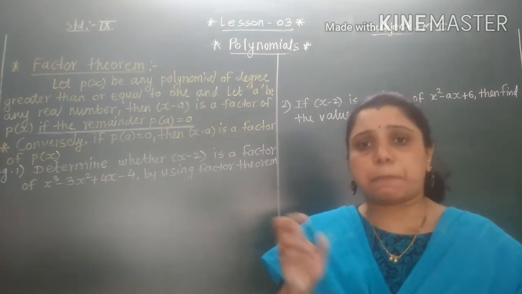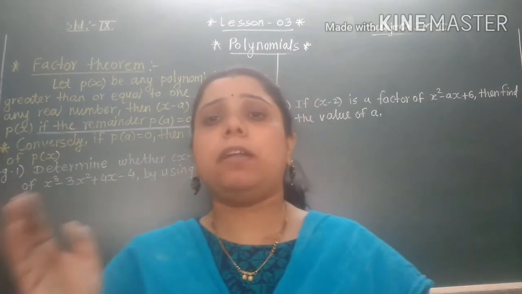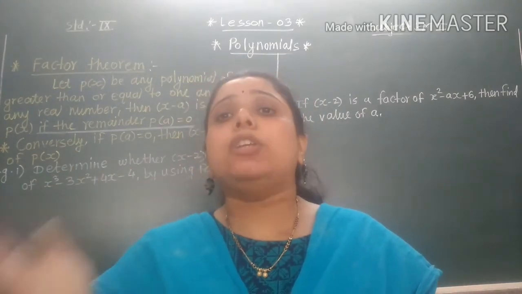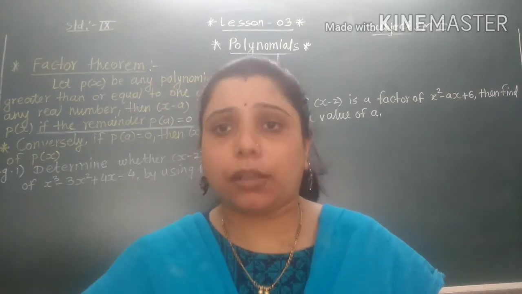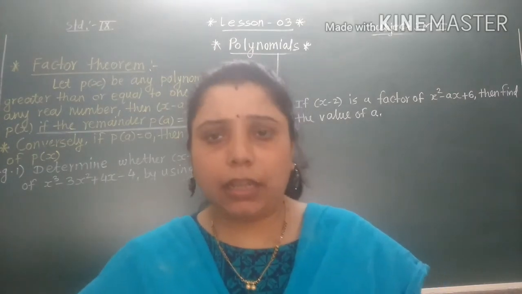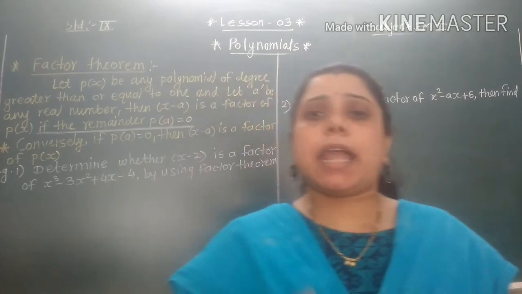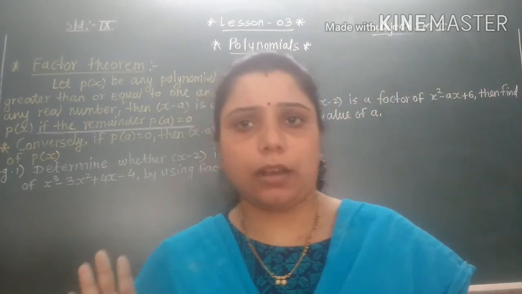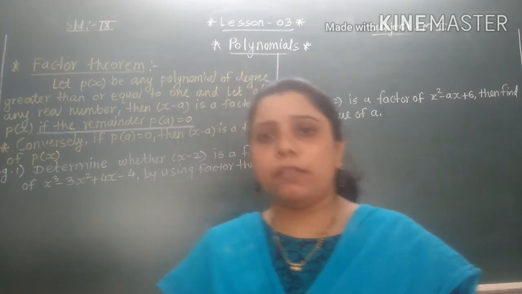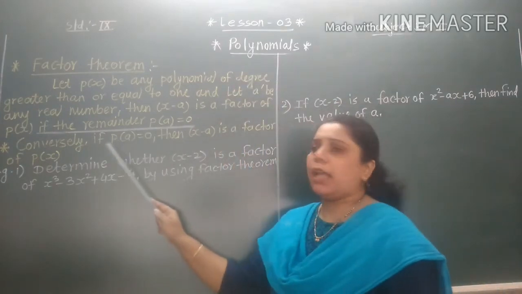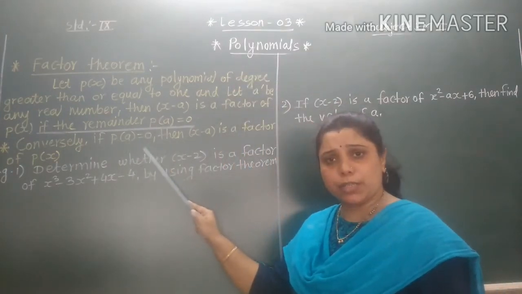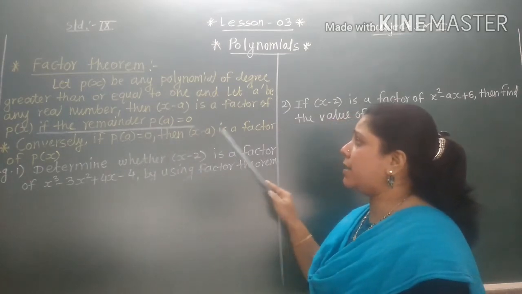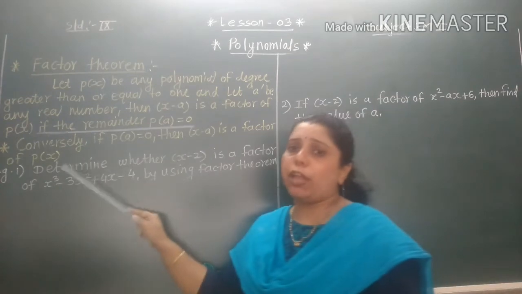Means if you substitute the value of the variable, your remainder should be 0. Conversely, if P of a is equal to 0, if your remainder becomes 0, then x minus a is a factor of P of x.